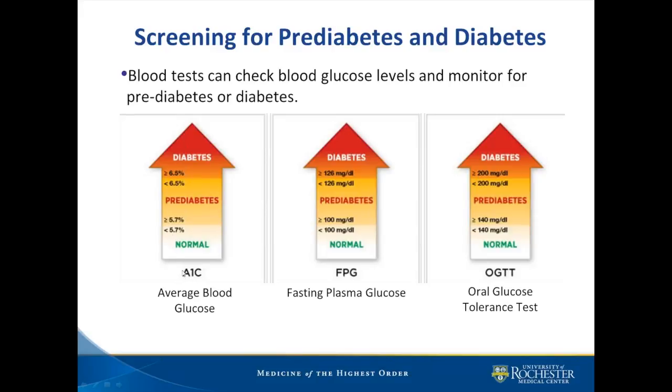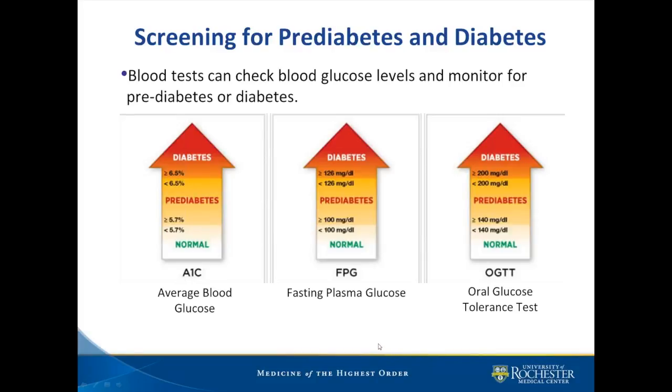And usually it's less than 5.7% in its value for normals. For people who are at risk for prediabetes, it is above that, up to 6.5%. And then patients who have frank diabetes have elevated hemoglobin A1C of 6.5% and higher.